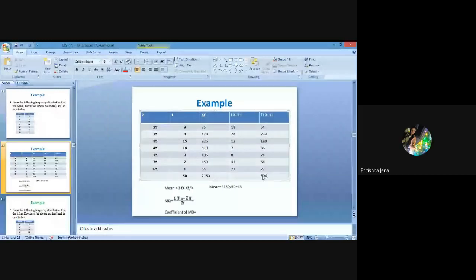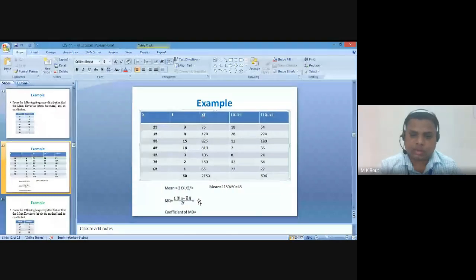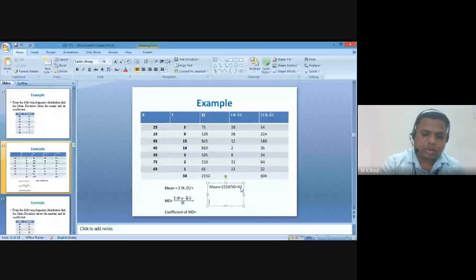So the formula for calculation of mean deviation is summation of f times modulus of x minus x bar, divided by summation of f. What is the value? Just calculate, 604 divided by 50. 12.08. MD equals 12.08.